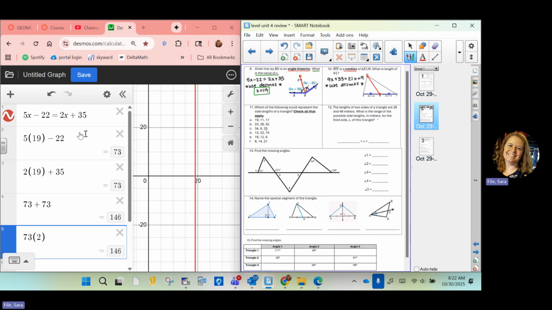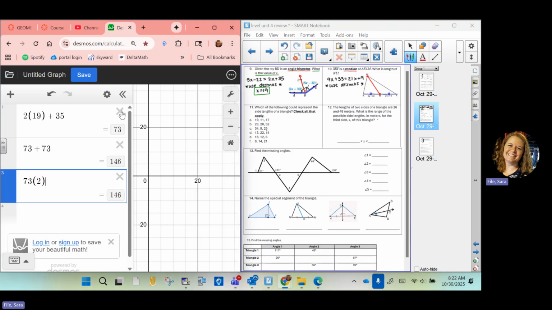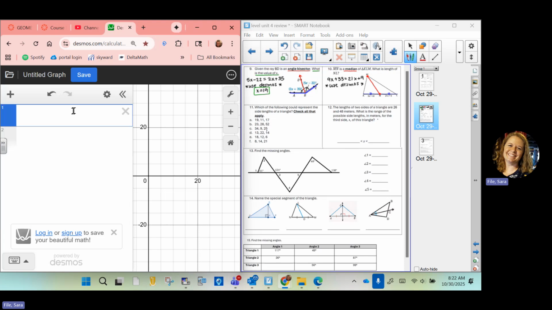Okay, let me clear this out from the last problem. So this one is 9x plus 33 equals 21x plus 9.